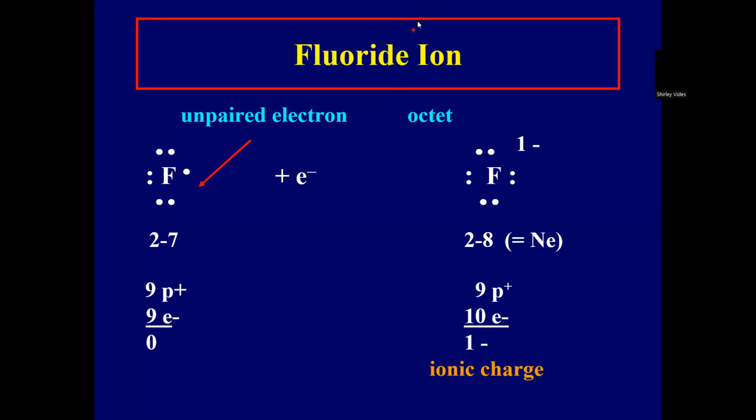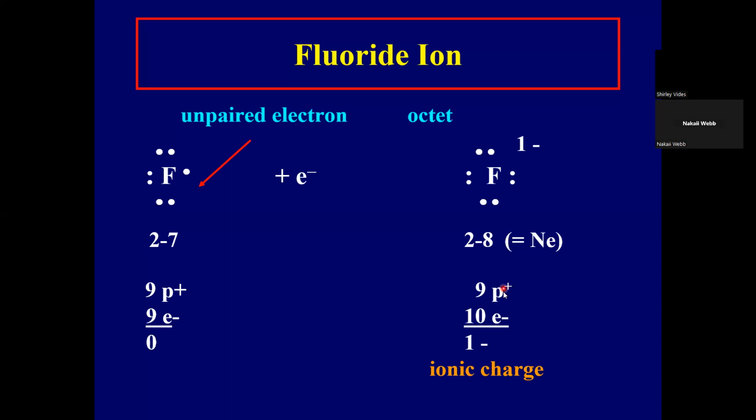Because there's not enough room to put 2 more electrons, because that would give it 9 on the outer shell. And you have to stay with the octet. Octet meaning 8. Therefore, now you have 8 electrons around it, and you have a -1 charge.